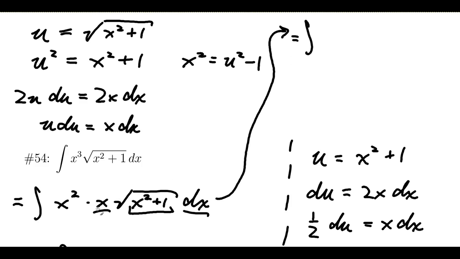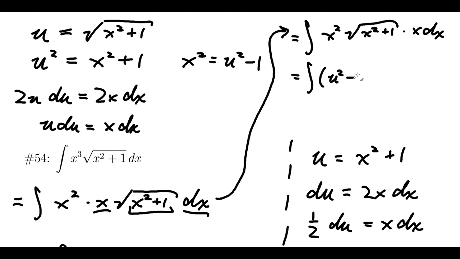is the, let me rearrange things a bit. So that is x squared times the square root of x squared plus 1 times x dx. X squared is u squared minus 1, the square root of x squared plus 1 is equal to u, and x dx is equal to u du, right?